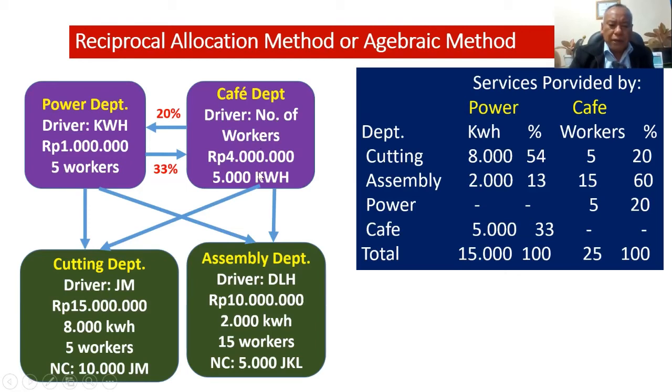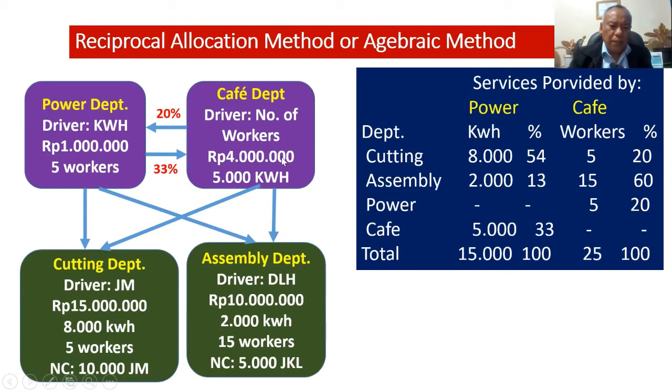Also cafe has a cost of 4 million, and gets allocated cost from the power department, 33%.